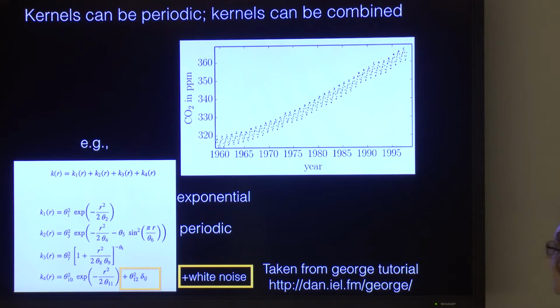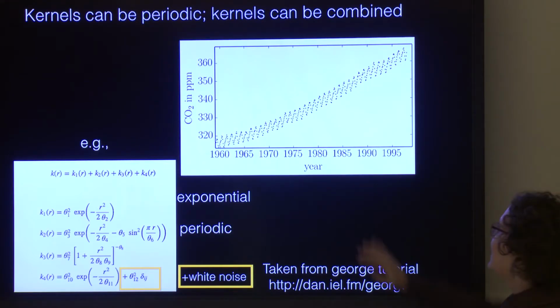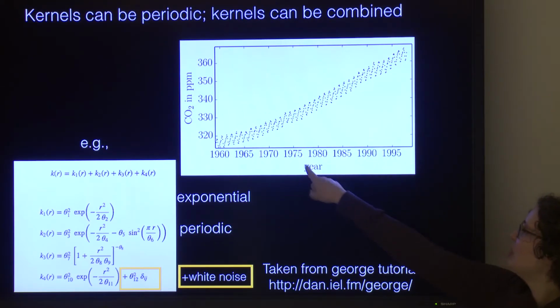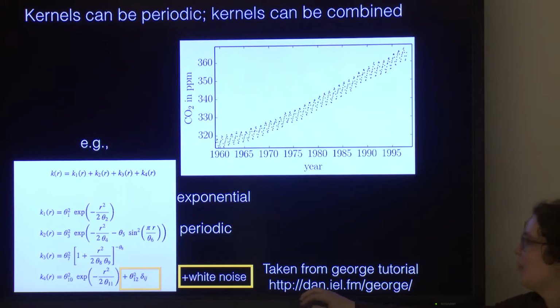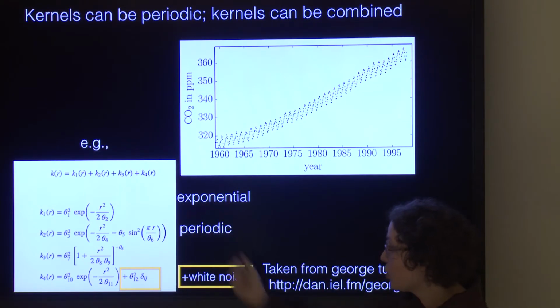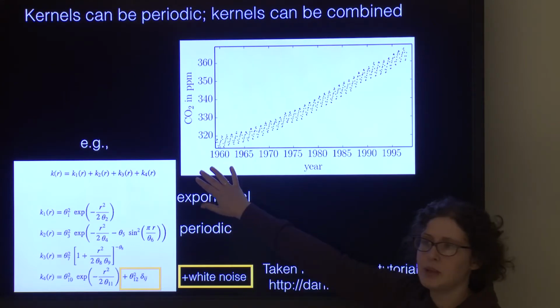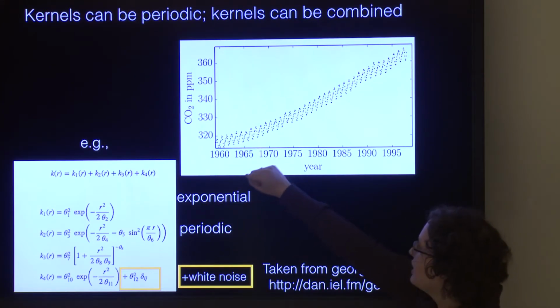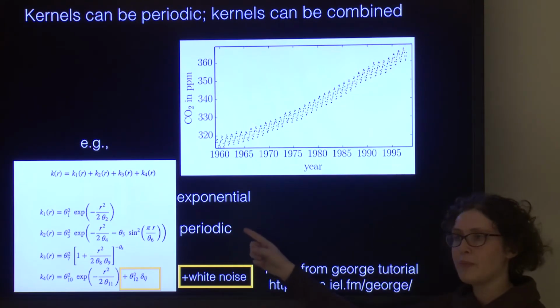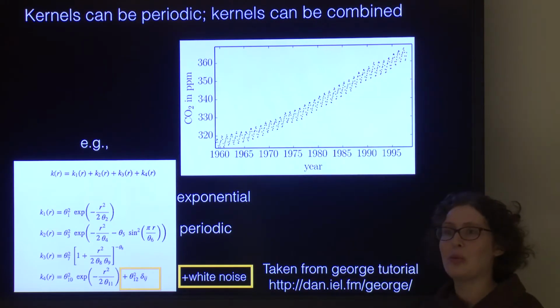So you can combine different kernels. This is a non-astronomical example: CO2 versus year. But they use this combination of kernels to fit it, where they have an exponential piece that's fitting the long-range trend that you see right here, the global warming.